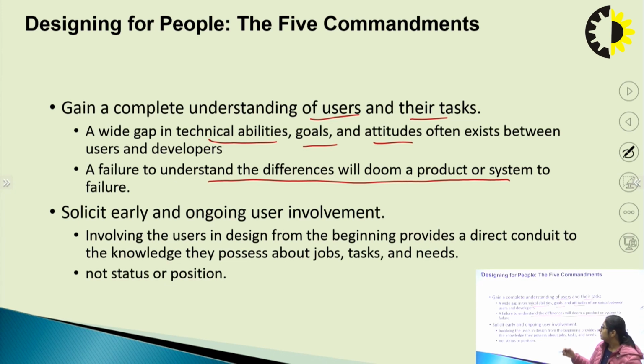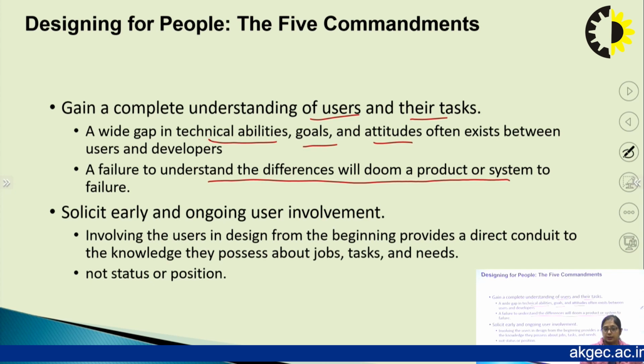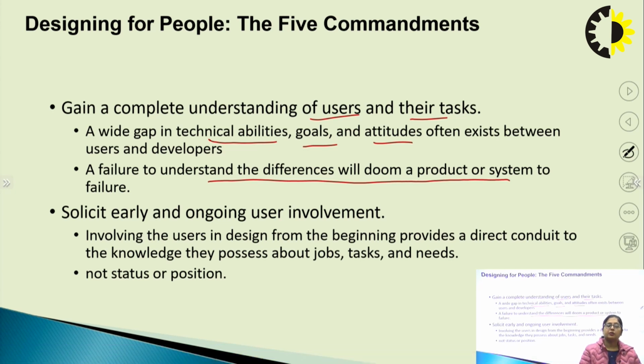The next one is solicit early and ongoing user involvement. Whenever you are making a product, suppose you are developing a product in 1 month, for every second day or third day you must involve your client, so that the client will be able to find whatever will happen. If they find any mismatch, at that time you can correct it.